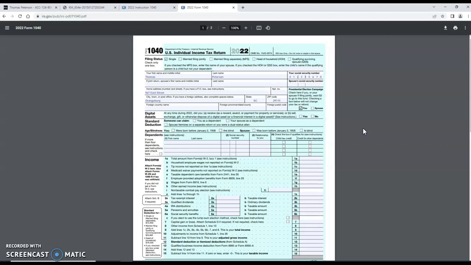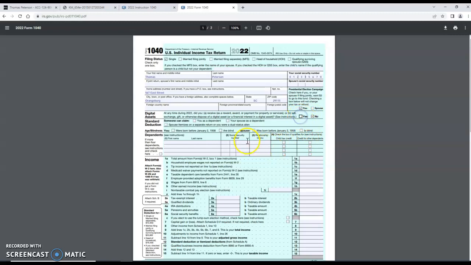Okay, that's a digital asset. It's not a real coin that you hold in your hand. It's a digital coin. And so if you have any involvement with any of that, you buy them, you sell them, you hold them, you receive them in any form or fashion, then you would check this yes box. If not, then you would check the no box. Okay?